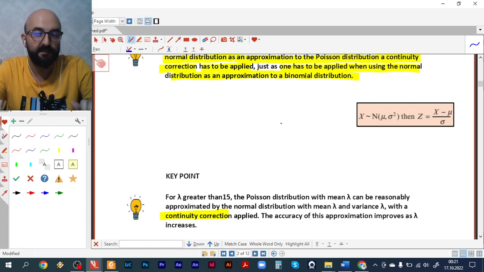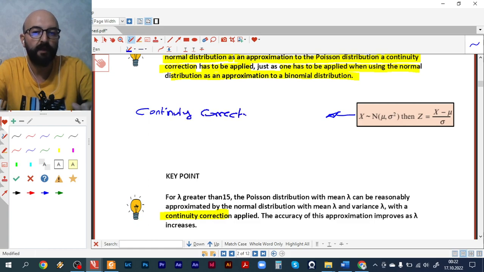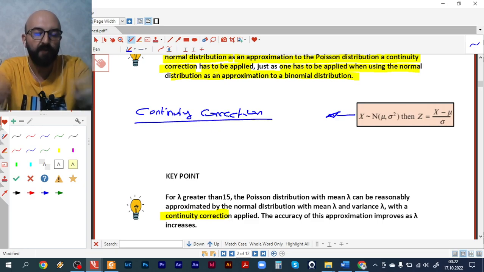In the previous lesson we reviewed last year's topics, and we reviewed this continuity correction. We use continuity correction when we want to convert a discrete probability to a continuous probability.